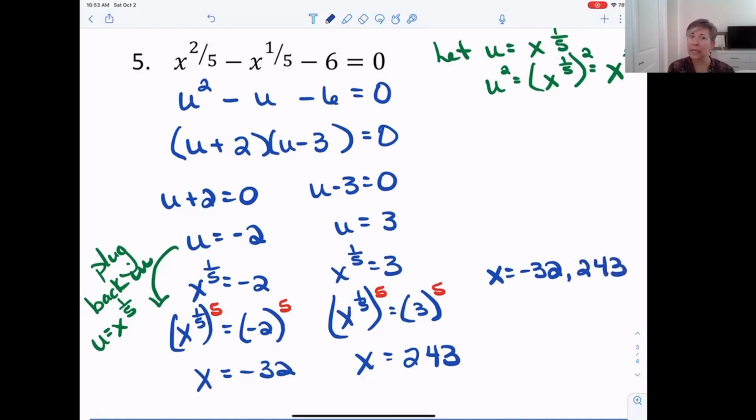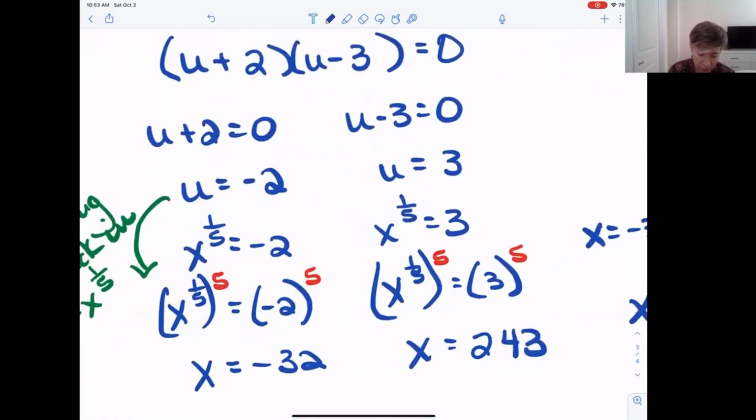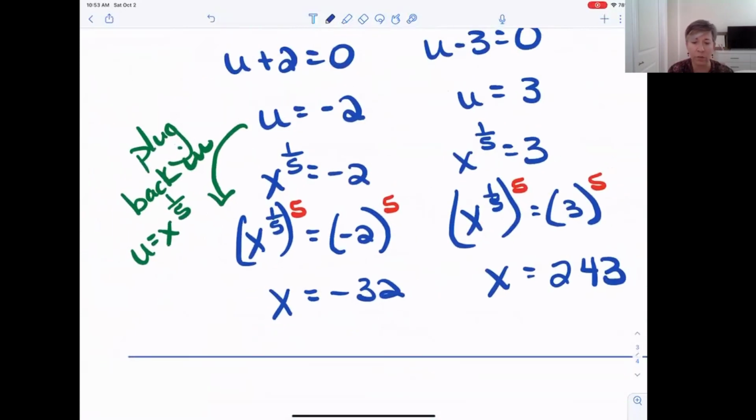Now I know you're thinking, well, the 1/5, it represents a radical and we got a negative answer. Can we still have that? And the answer is yes, because remember, x to the 1/5 would represent the 5th root of x. And we can take an odd radical of any number, positive or negative, as we can tell here on the left, we took negative 2 to the 5th power and got a negative number back.